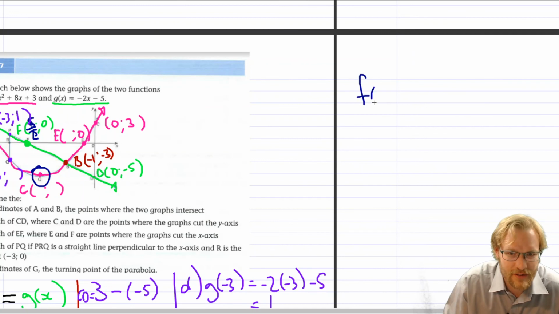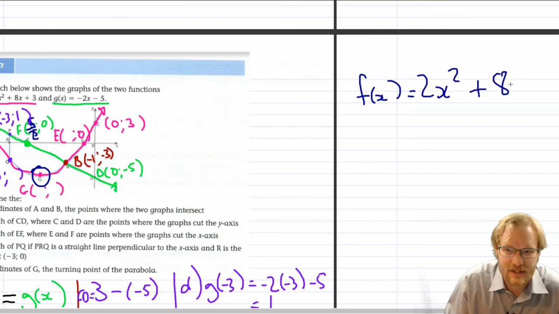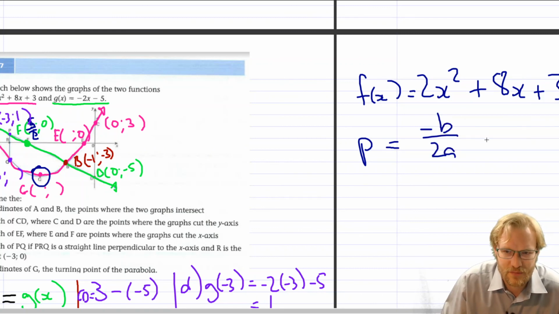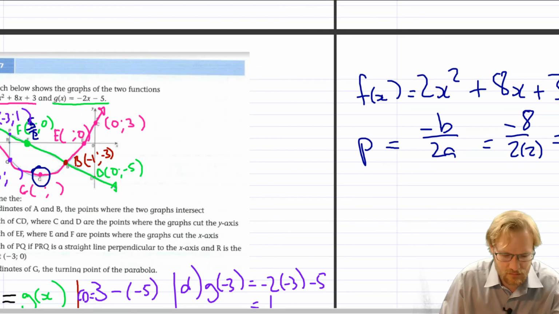We've got f of x equals 2x squared plus 8x plus 3. To find out the x value of our turning point, p is just minus b over 2a. Okay? Minus 8 over 2a is minus 8 over 4, which is minus 2.